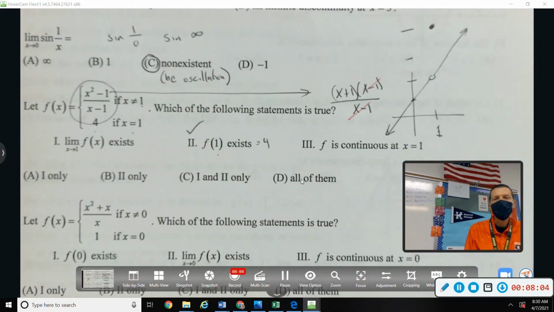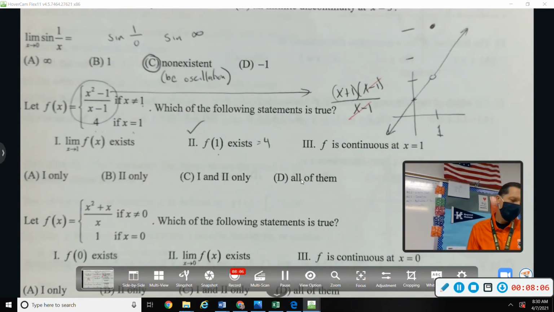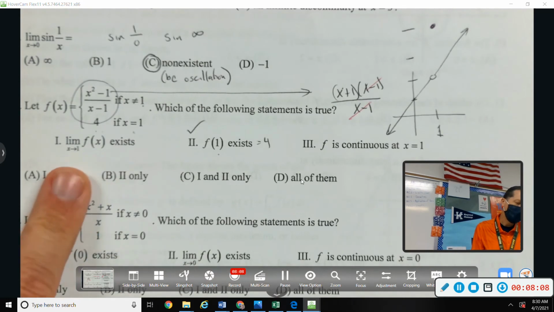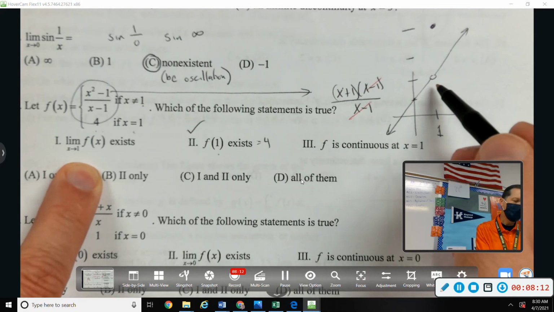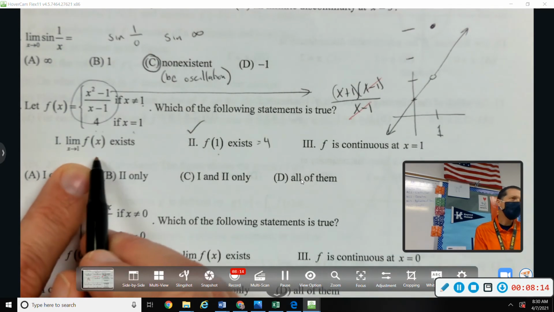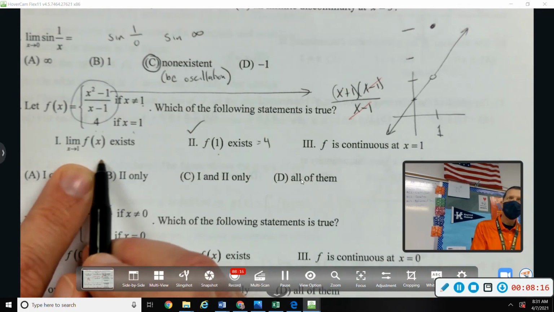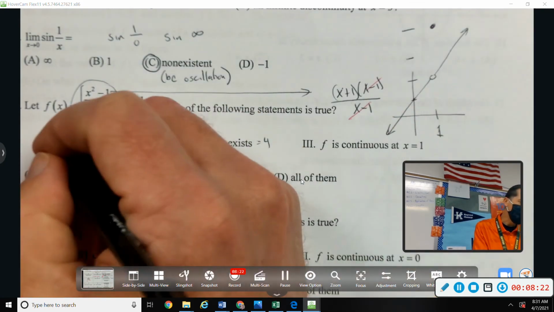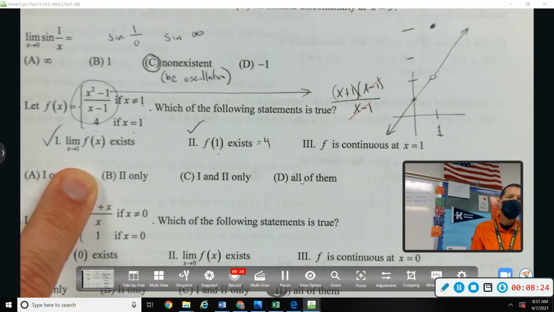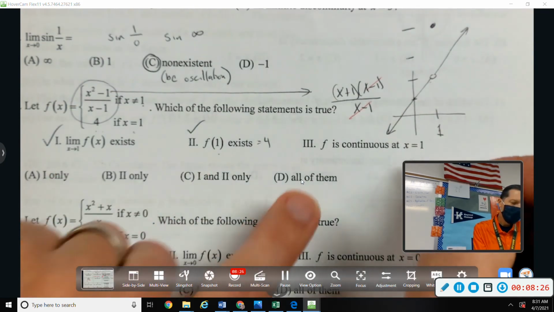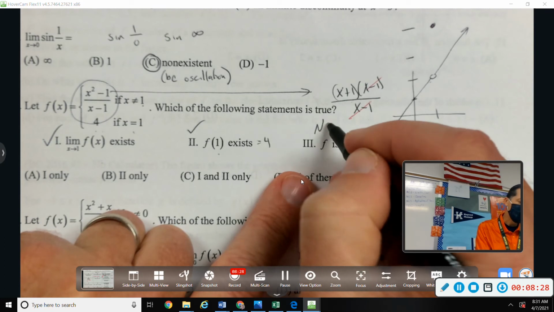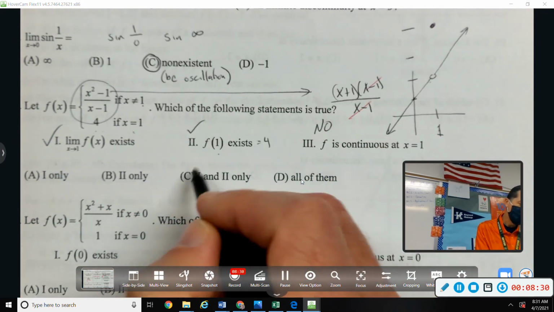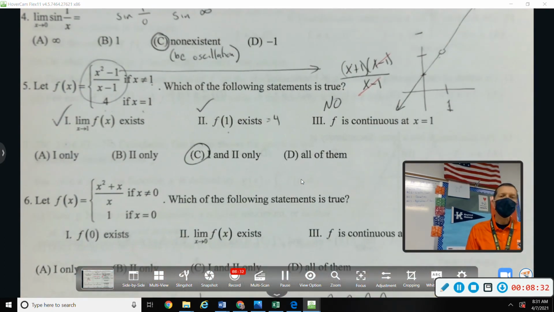So there's a picture of this graph. Now these questions should be easy. The limit as x approaches 1 of f of x exists. Is that true or false? Yeah, that's true. The function is not continuous, but the limit does exist. So 1 is true, the limit exists. F is continuous? No, it's not continuous. So 1 and 2 are the answers.